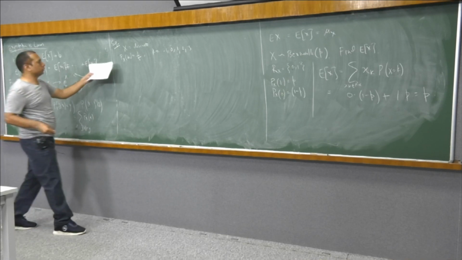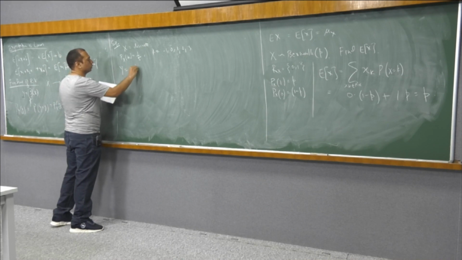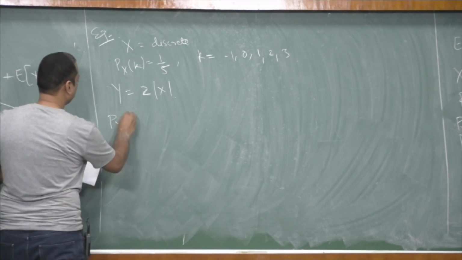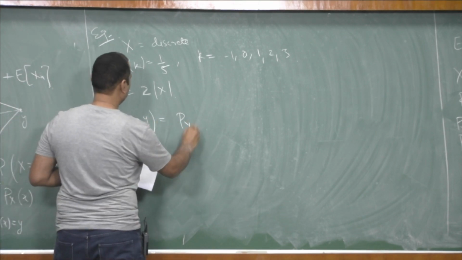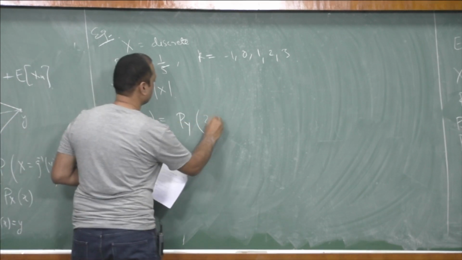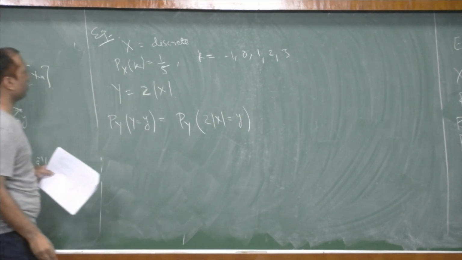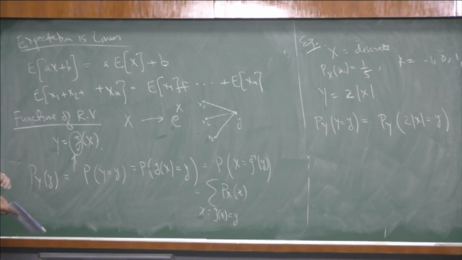Now X is discrete and you are given a function like this, y is 2 mod x, the absolute value of x. Now find the PMF of y. We use this formula here. So P_Y(y) equals P(Y = y), which is the same thing as P(2|X| = y), and then we have to do it for various values of y.